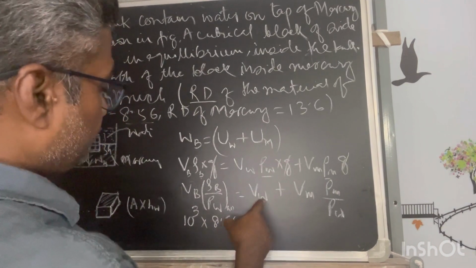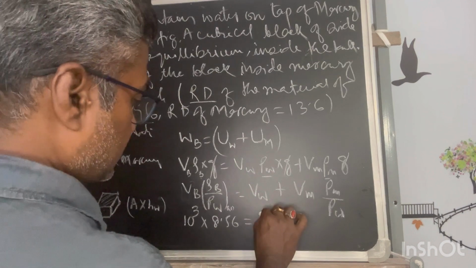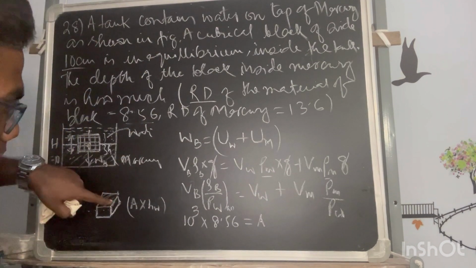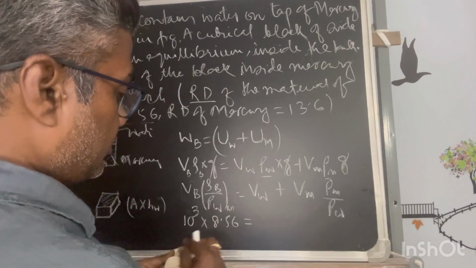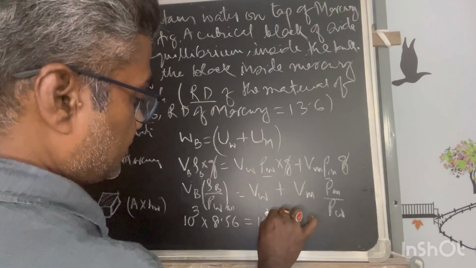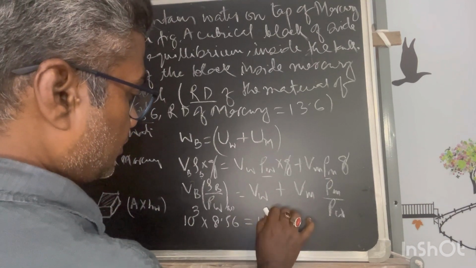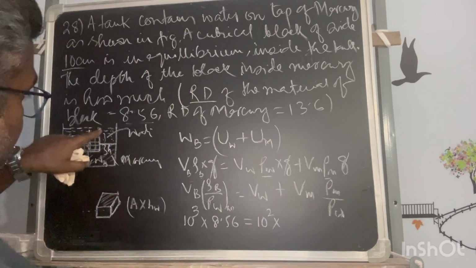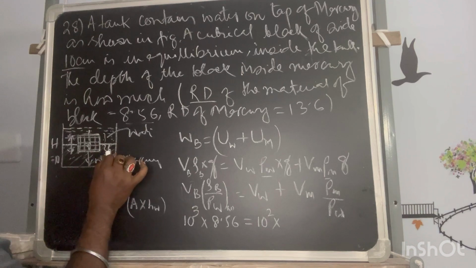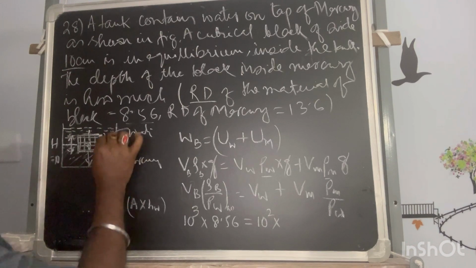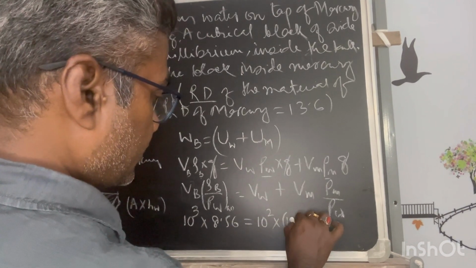This is equal to the volume of water, which is the cross section of the block on top, 10 square, into the depth, 10 minus h.